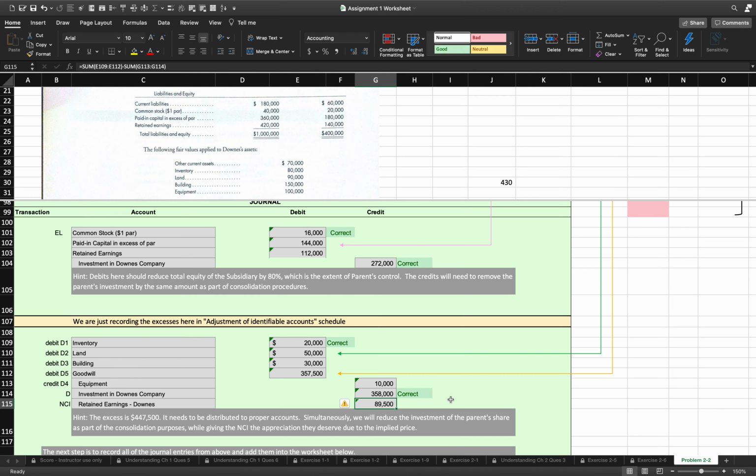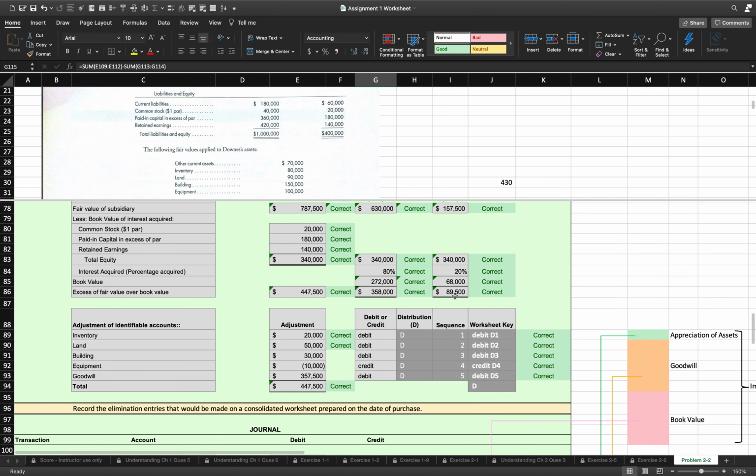That means that when the parent paid excess amounts over and above the book value of the subsidiary's net assets, it recognizes that there was this NCI's share, non-controlling interest share, that increased in value as well. And we figured that out up here, 89,500, by the way.